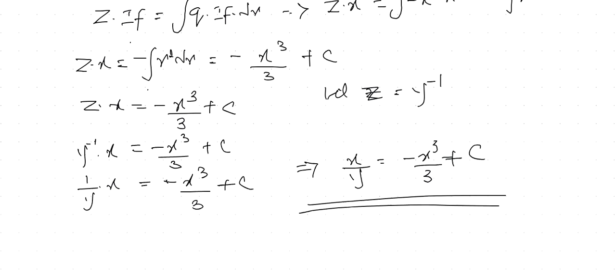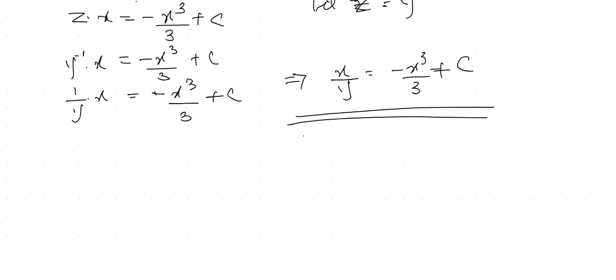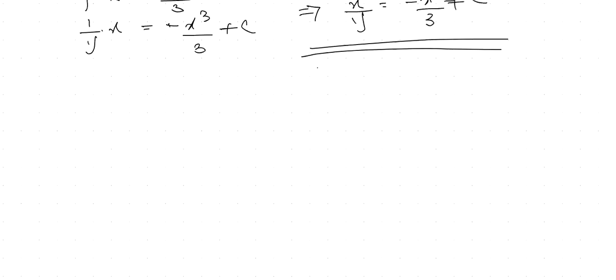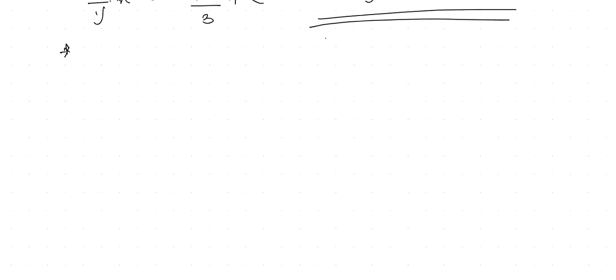Let's take one more example for clarity purposes. Let's say that you have x squared y minus x cubed into y dx, which is equal to y raised to the power of 4 cos x.